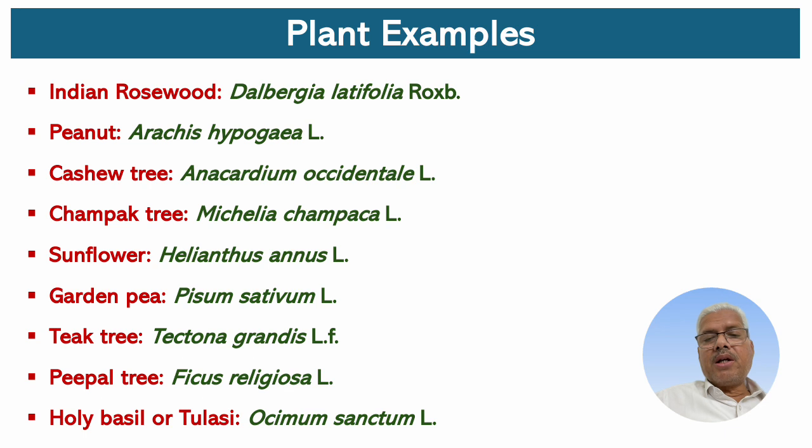This epithet refers to the impressive size and stature of the teak tree as well as the high quality and value of its timber. The abbreviation L.f. stands for Carl Linnaeus the Younger, the son of the famous Carl Linnaeus. He formally described and named the teak tree.